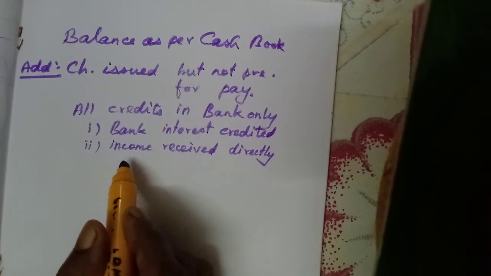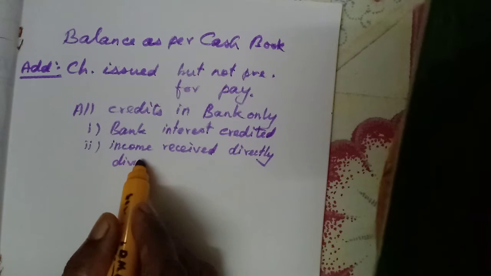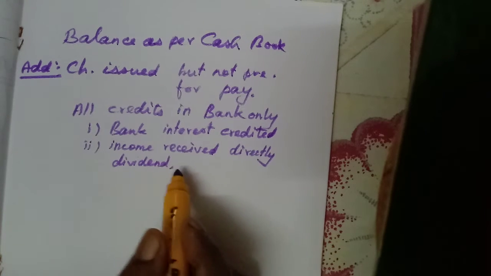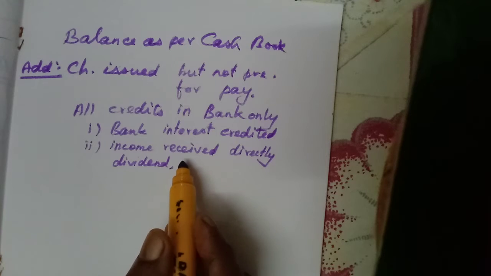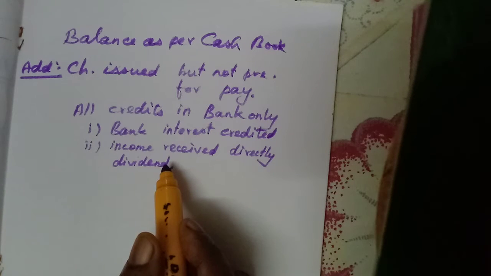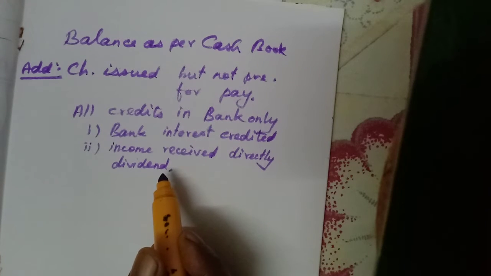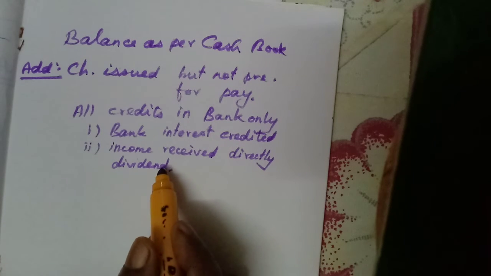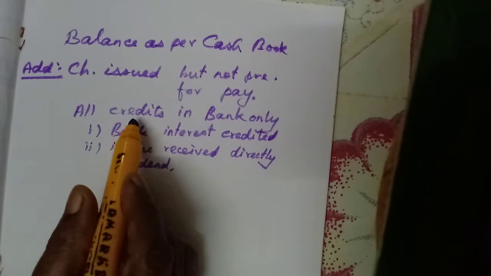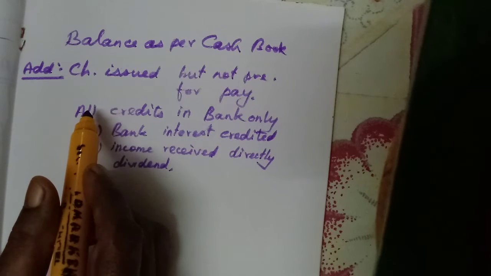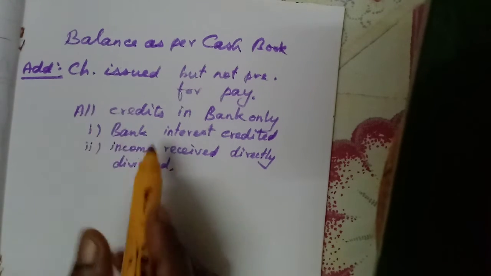This one we can say any dividend. For example, dividend can be received by the bank on our standing instruction. The customers may give some instruction to receive some of the income of the customer. That may be received by the bank, but this will not be known by the cashier in the business concern.